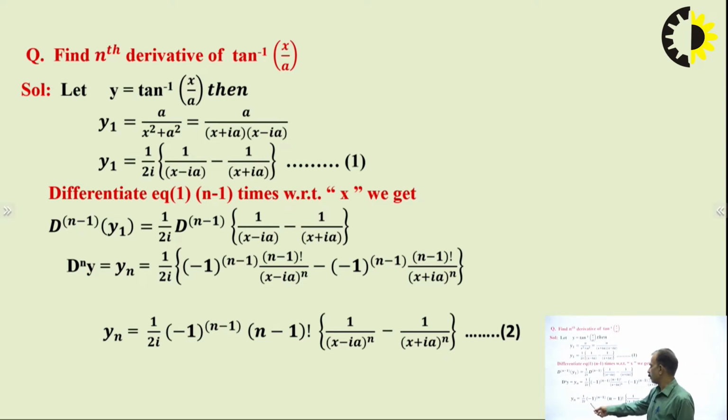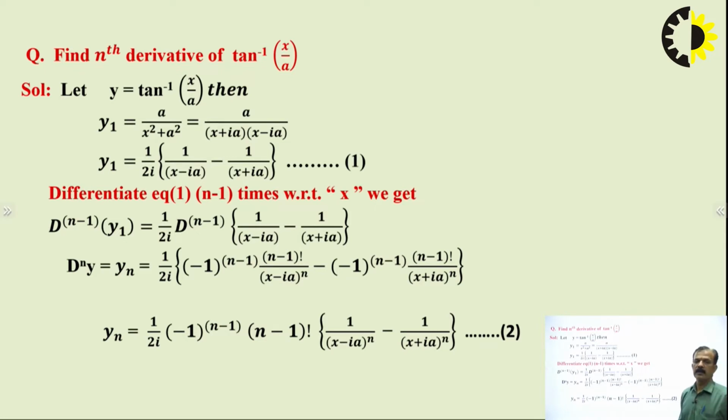After simplifying, the value of the nth derivative, yn, is 1 upon 2i into minus 1 raised to the power n minus 1 factorial into 1 upon x minus ia minus 1 upon x plus ia.